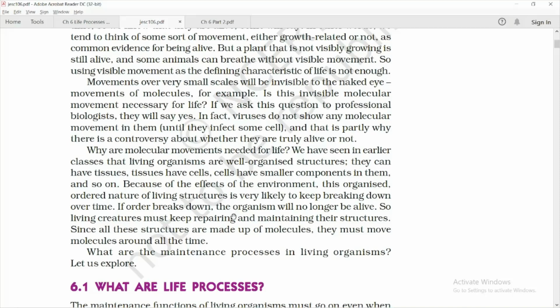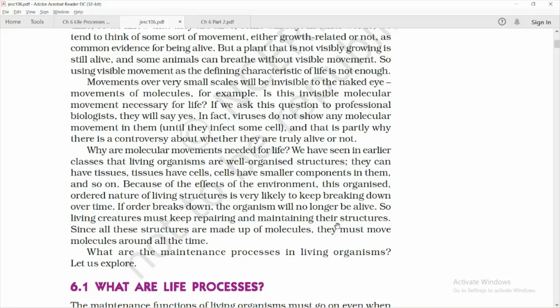If the order breaks down, the organisms will no longer be alive. So, living creatures must keep repairing and maintaining their structures. Since all these structures are made up of molecules, they must move molecules around all the time.